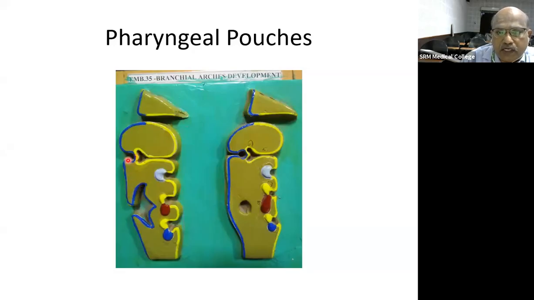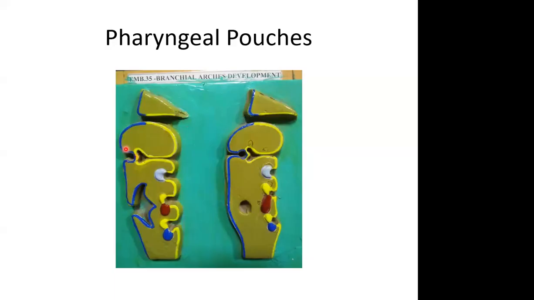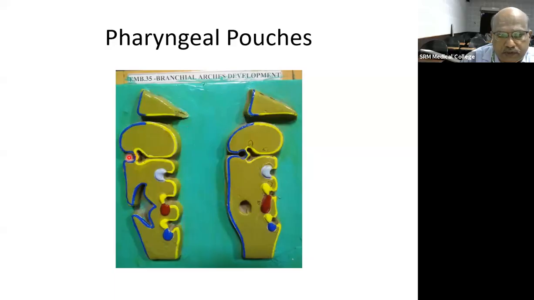From first cleft alone we are getting external acoustic meatus. Remaining all clefts are getting obliterated. Before complete obliteration, you will be having cervical sinus, which will also be completely obliterated.